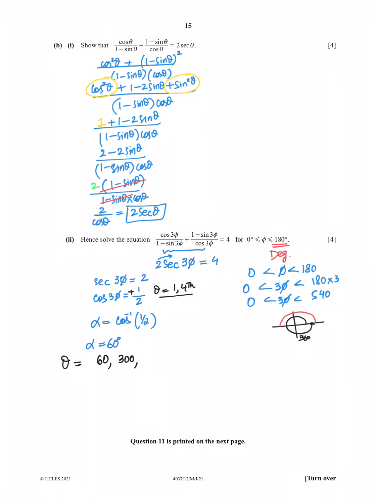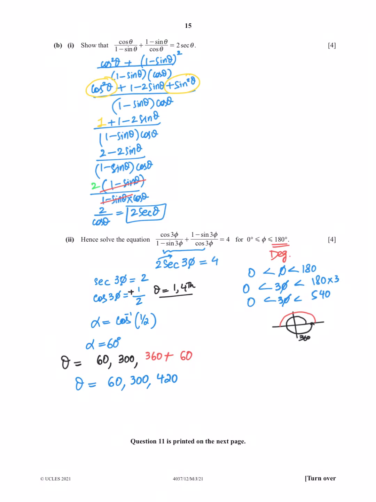But for the second turn, after 360 it will be 360 plus this angle here in the first quadrant only, because we are going either in the first or in the fourth. So for the second turn we are moving in the first quadrant only, so it's 360 plus 60. So the final values for theta we have are 60, 300 and 420.